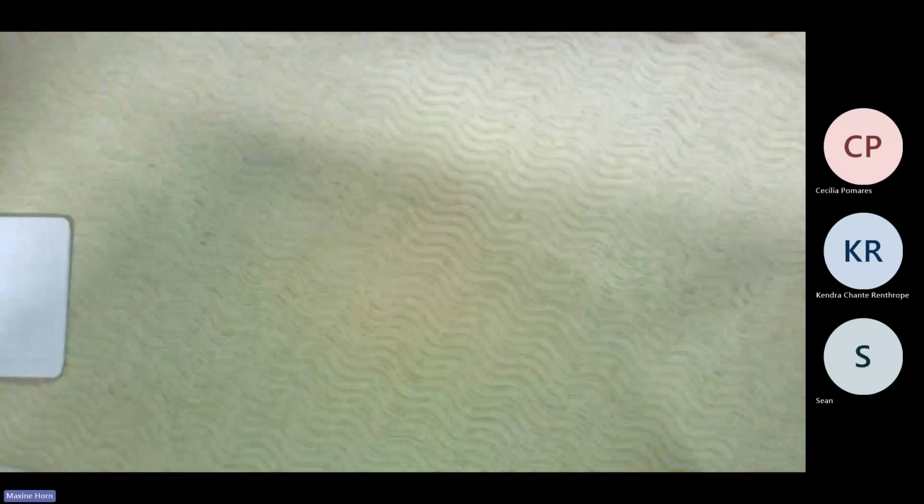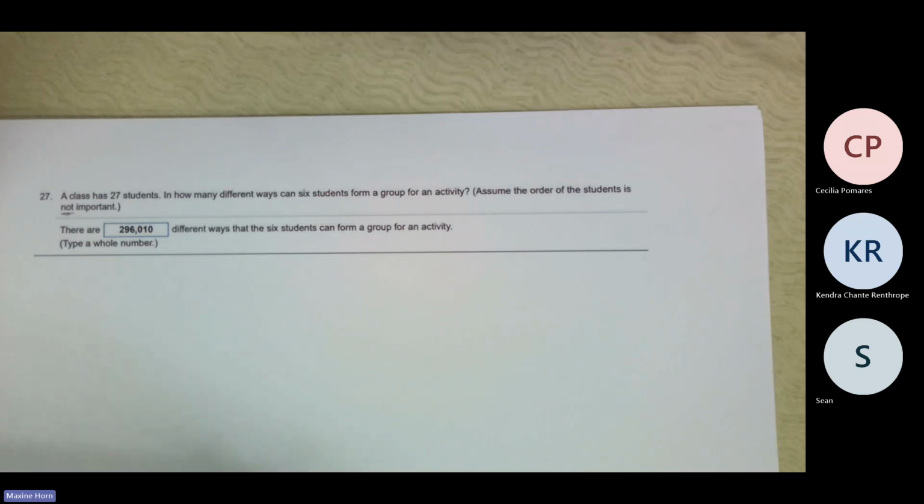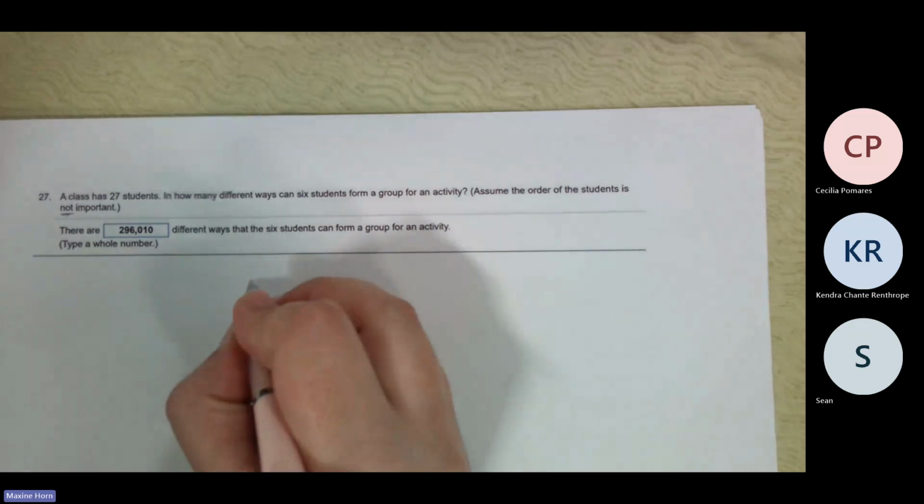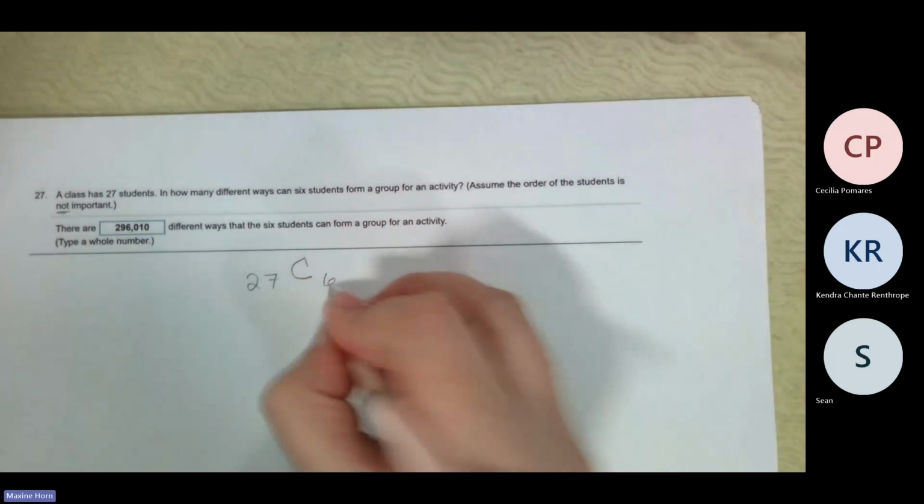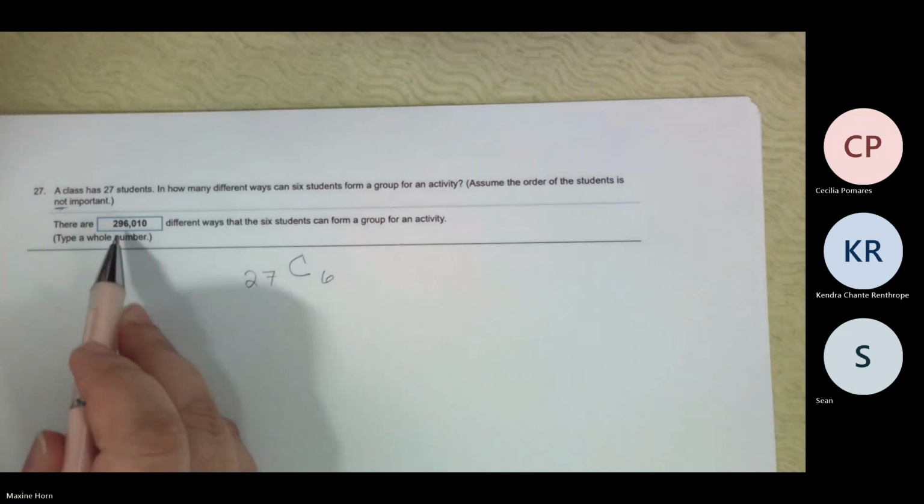Number 27, a class has 27 students. In how many different ways can 6 of them form a group for an activity? Assume the order of students is not important. Not important, that's a combination, not a permutation. So 27 students, and we're going to choose 6 of them. 27 choose 6. We plug that into the calculator, and that's how we get that number right there.